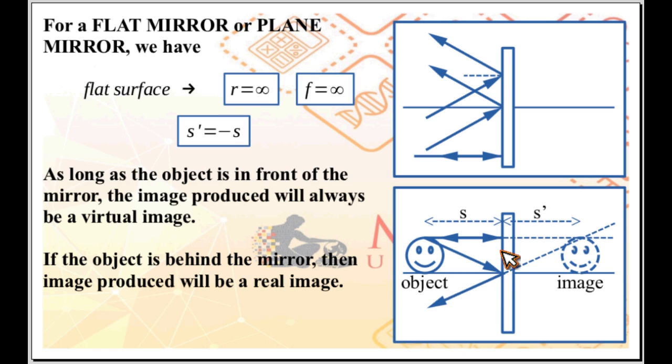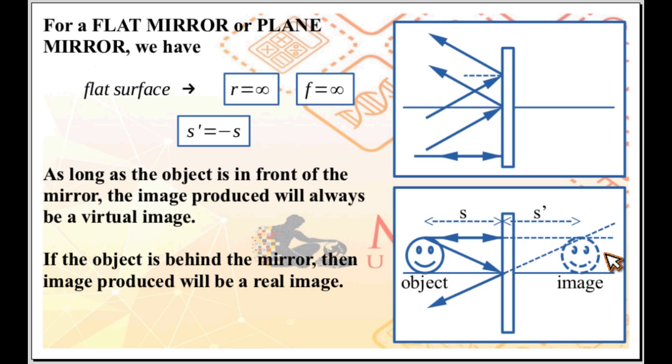We have two light rays that are reflected. You have one reflected light ray and another reflected light ray. These two reflected light rays do not intersect, meaning there's no image formed in front of the mirror. But if we trace back the light rays, we see that the traced back lines will intersect at this point, which means there is an image formed at this point. Doing the same thing for other points on the object, we are able to form the whole image.